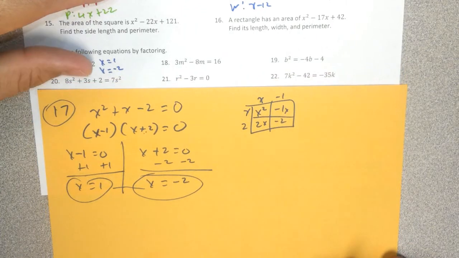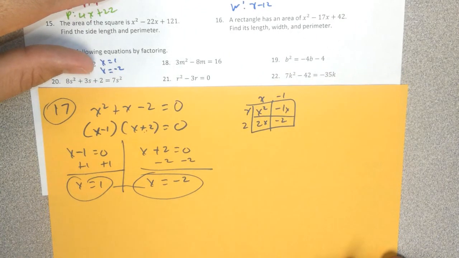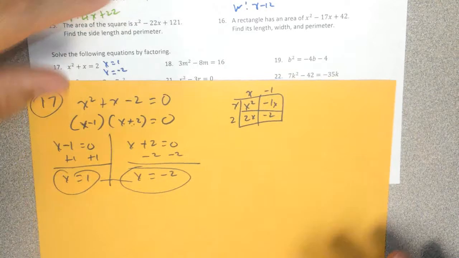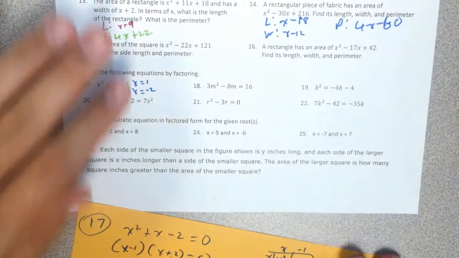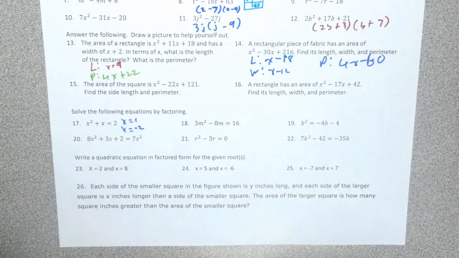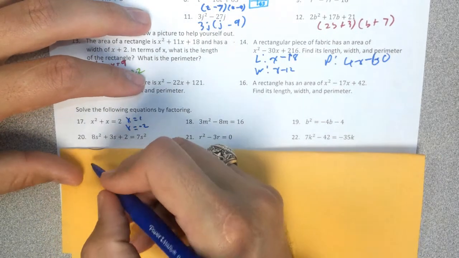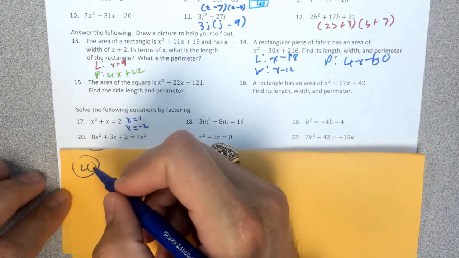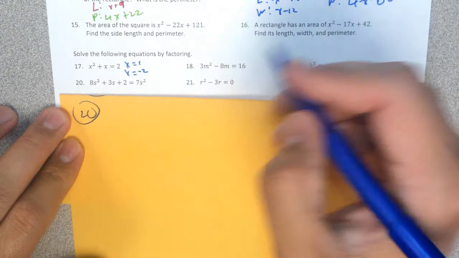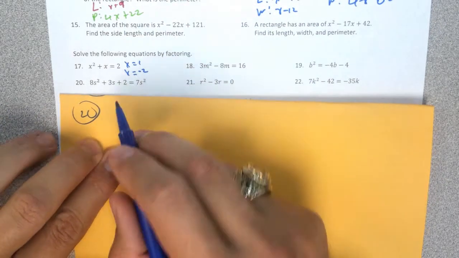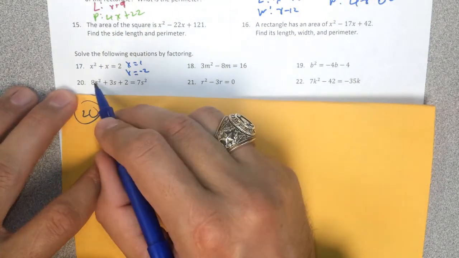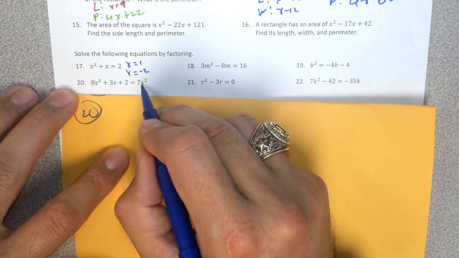Let's do one more slightly harder one. Let's go ahead and just do 20. We have 8s squared, and I have an s squared over here.